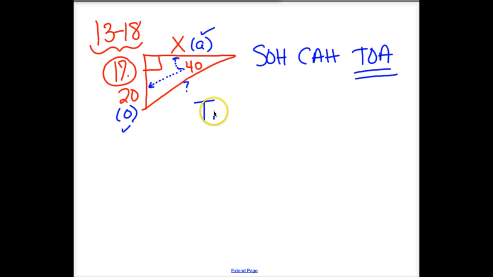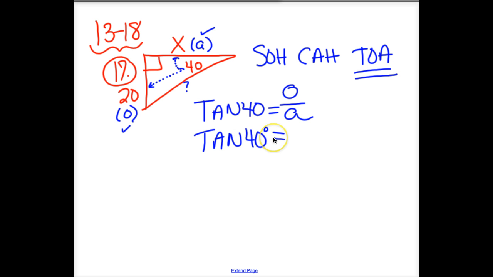So I set up my ratio and I say the tangent of my 40-degree angle is equal to opposite over adjacent. Now this one's different than the last two because my variable is on the bottom. But all you're going to do differently is get it off the bottom.